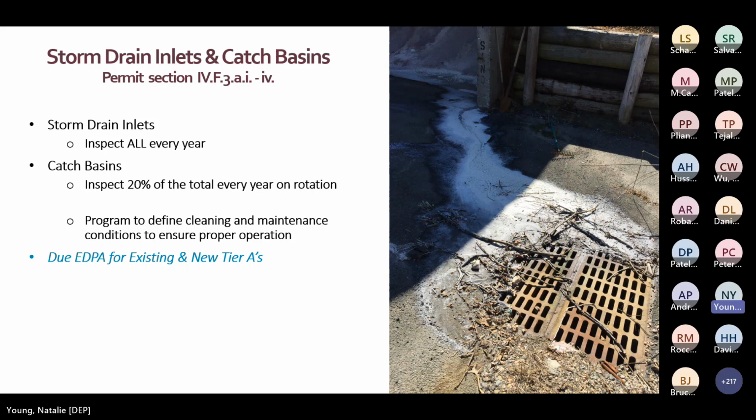Catch basins, on the other hand, require additional work. The inspector must get out of the truck and inspect the inside of the catch basin to determine cleaning needs. Inspect a minimum of 20% of the total every year on rotation so that all catch basins are inspected by the end of the permit cycle.